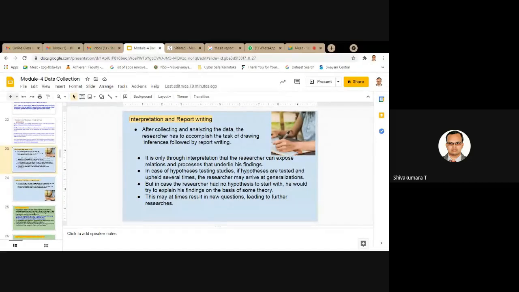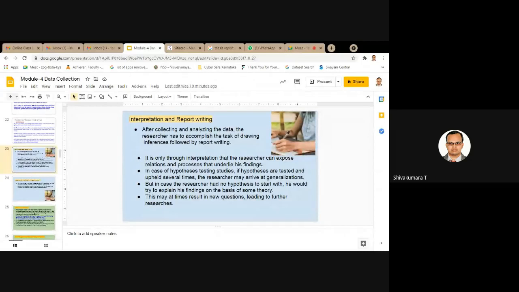You need to provide the relationship between the variables which you identified in the beginning of your research. You need to align all the processes carried out so far, from beginning to end of the research, which comes under interpretation.